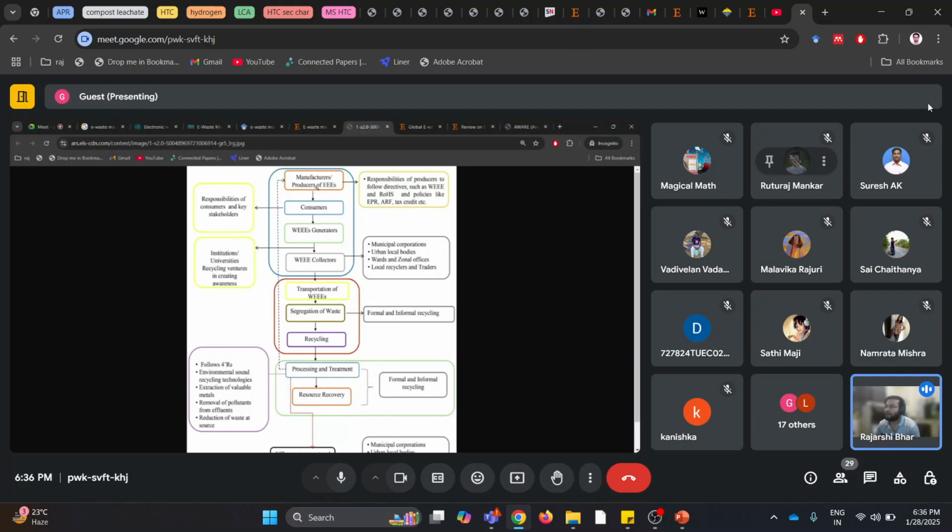Then once the device comes to the consumers, now they have to be responsible users, because why is it important? Let's say we are generating some e-waste. Of course, it has already been discussed that you can't throw e-waste into a municipal waste handling site.